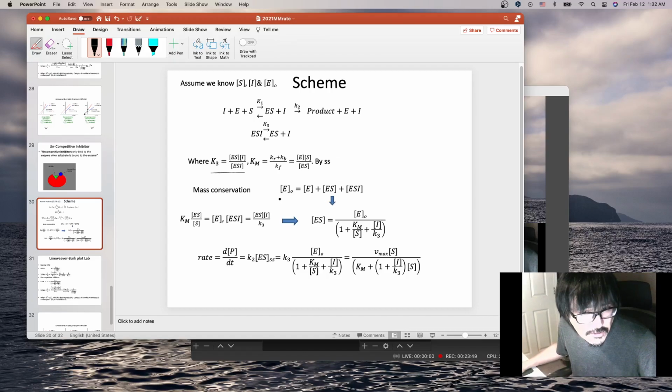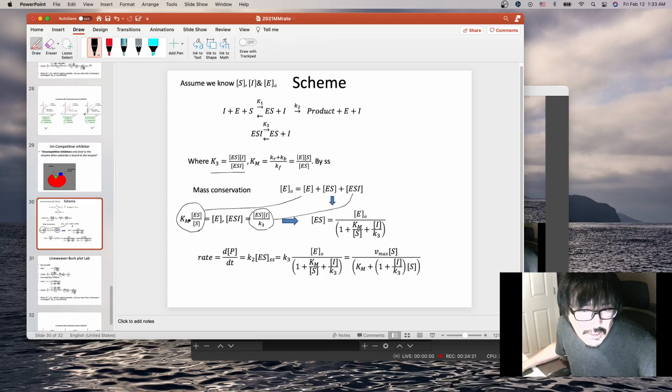And then I go to the mass conservation, and then I'm going to substitute some of these guys. So Km ES over S is equal to E, and then ESI is equal to ESI over K3. I can substitute this E with that one, and then I can substitute ESI with that one right here.